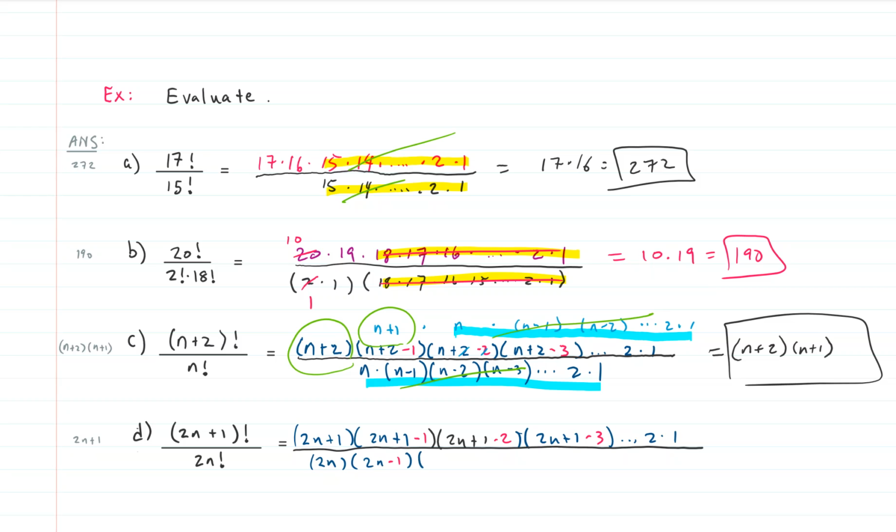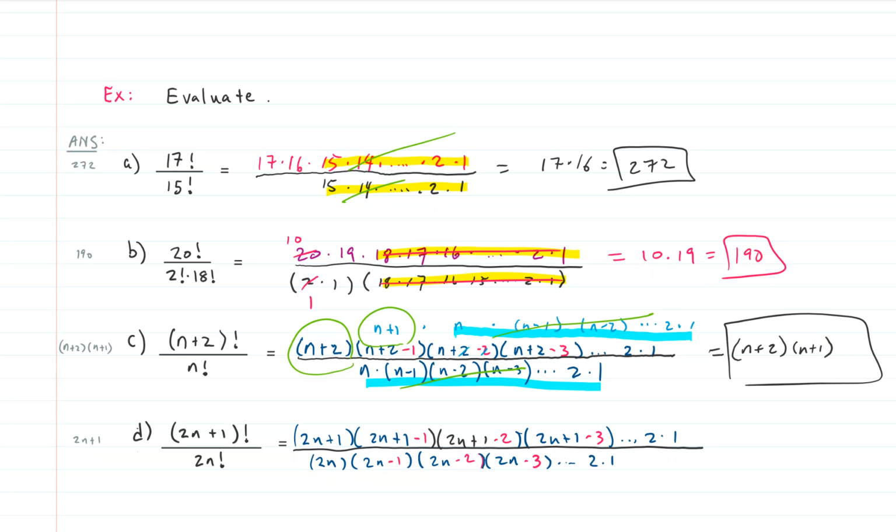So we keep doing that here: 2n minus 1, 2n minus 2, 2n minus 3, and we keep going all the way down to a 3, a 2, and a 1.